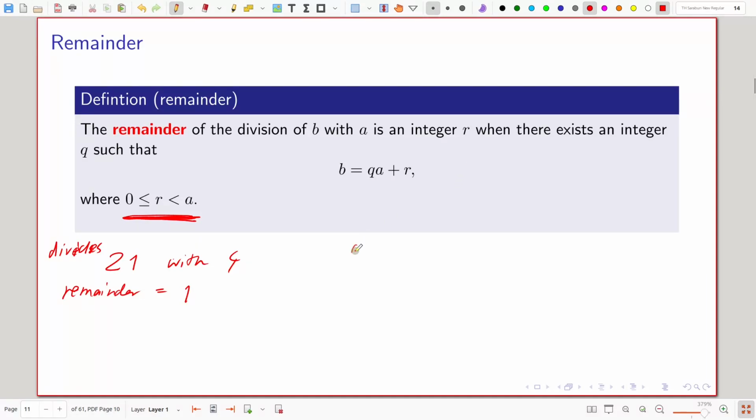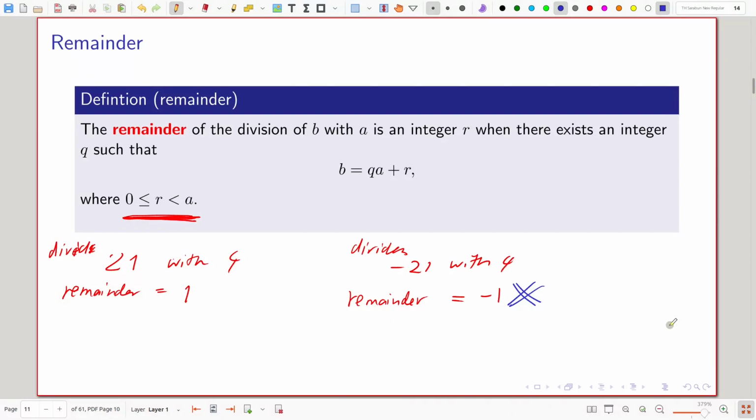But if you divide minus 21 by 4, what is the remainder? People may say it's minus 1, but this is not correct. The remainder has to be positive. The remainder is something that is left after the division.